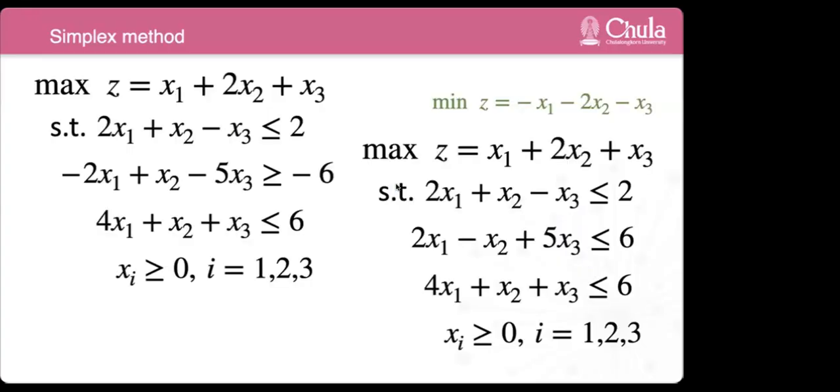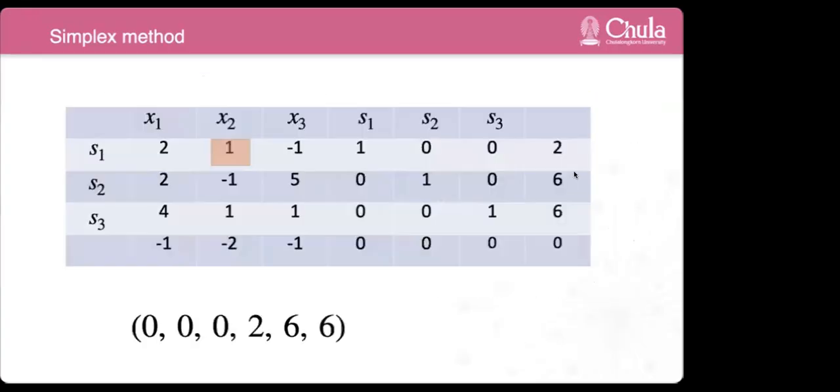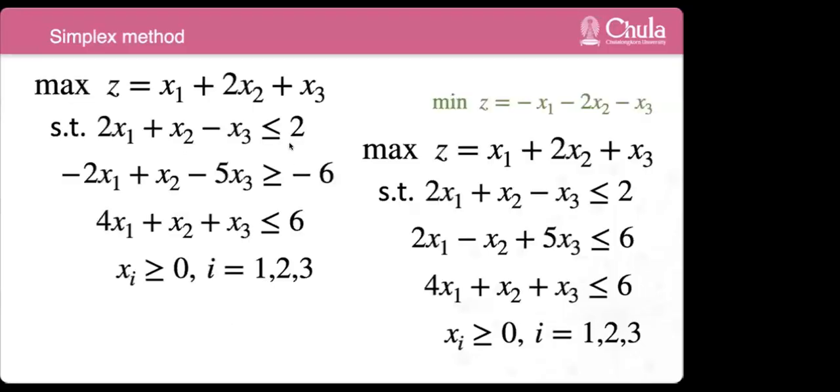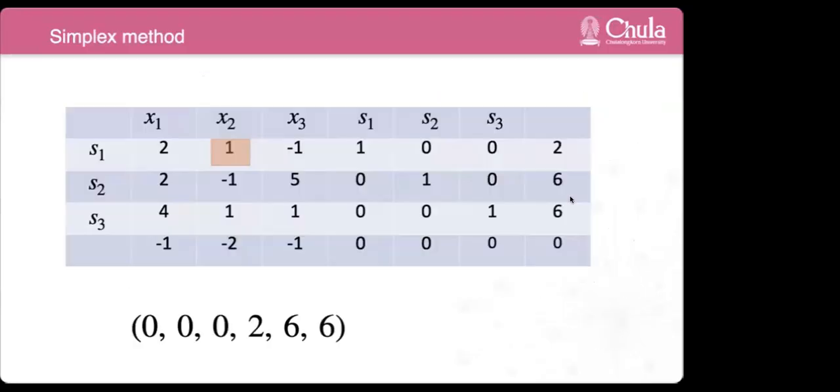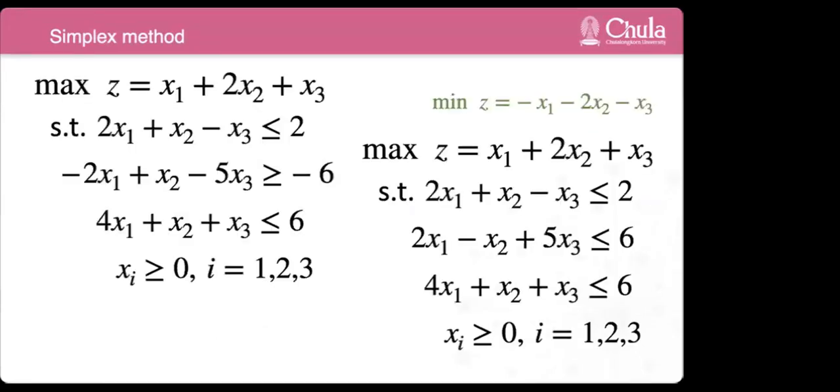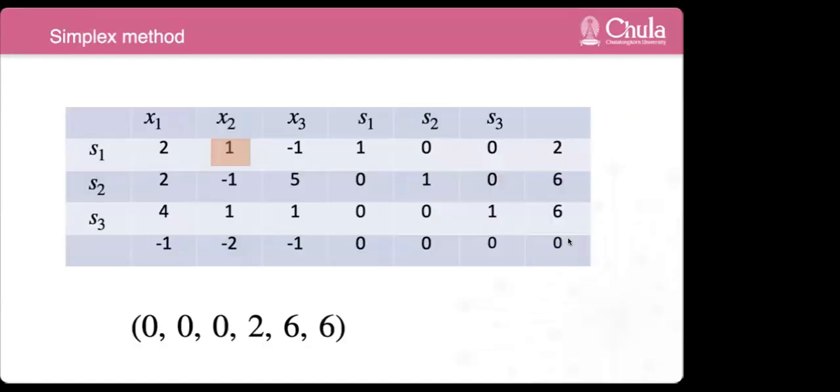So from this one, we write a table. From the first one, 2, 1, minus 1, 1, right? 2, minus 1, 1, 1. 0, 0, 2. And the second constraint, 2, minus 1, 5. 2, minus 1, 5. 0, 1, 0, 6.